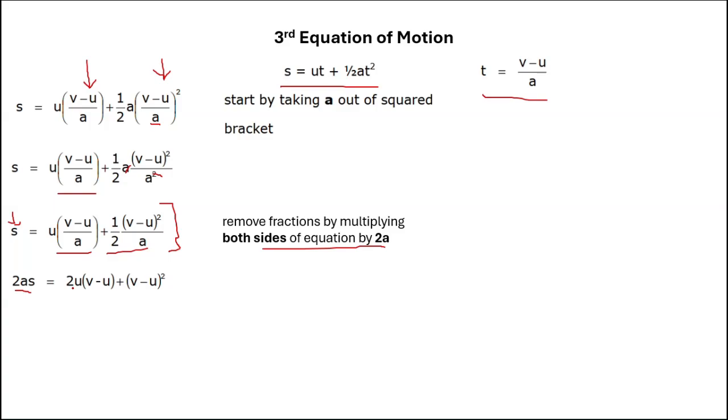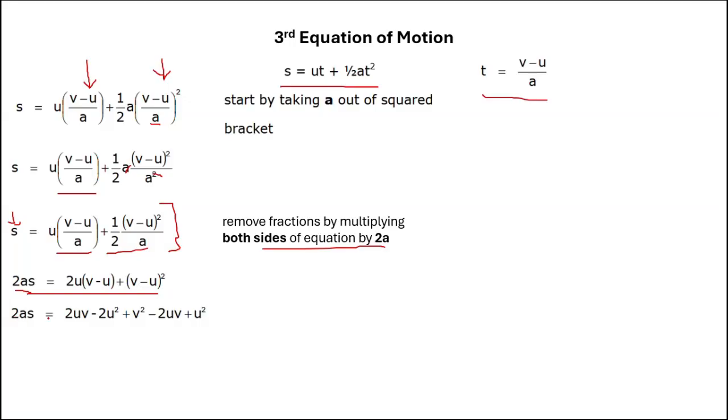So we get 2as is equal to 2u into v minus u, where a gets cancelled, plus v minus u square. The 2a is multiplied, so it gets cancelled here. So we have this final equation, and we will simplify it further.